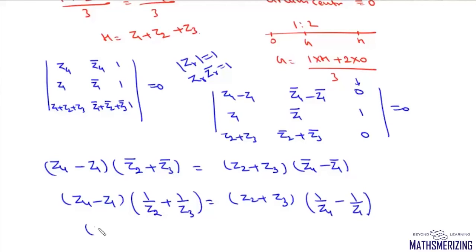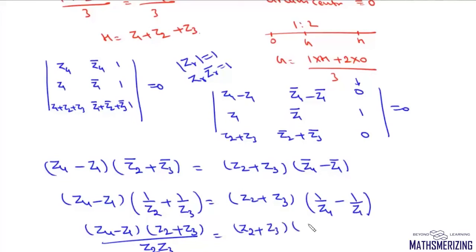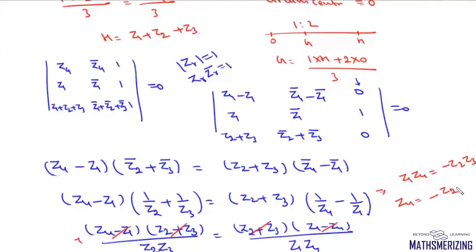Now if we solve it, we can write Z4 minus Z1 into (Z2 plus Z3 upon Z2 Z3) will be equal to Z2 plus Z3 into (Z1 minus Z4 upon Z1 Z4). Now this will cancel, this will also cancel, but we'll have this minus sign here. So from here we can say Z1 into Z4 is minus Z2 Z3, or the value of Z4 is minus Z2 Z3 upon Z1.